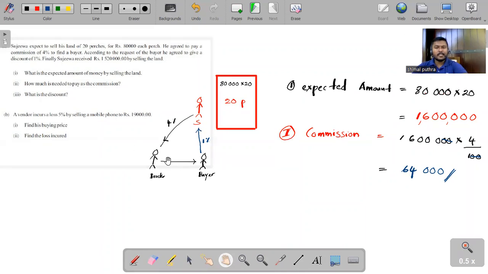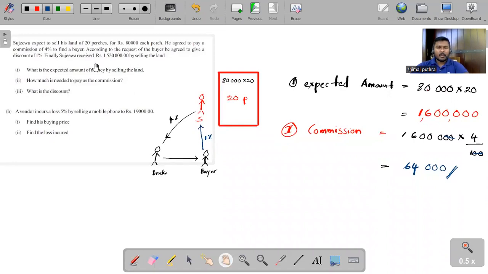Okay, what is the discount? Number 3, what is the discount? We know the expected discount.